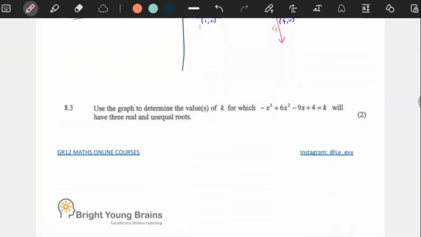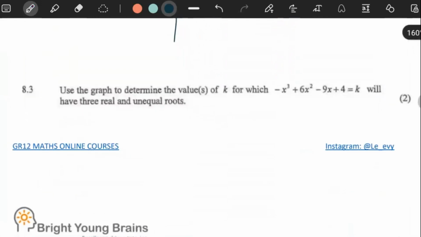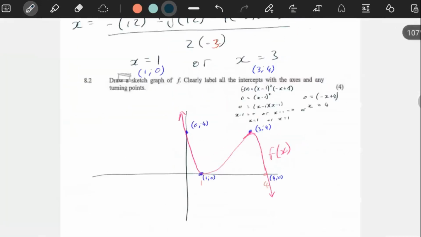Let's go to question 8.3. It says, use the graph to determine the values of k for which this equation will have 3 real unequal roots. So that's an easy 2-mark question because all you have to use is this picture.